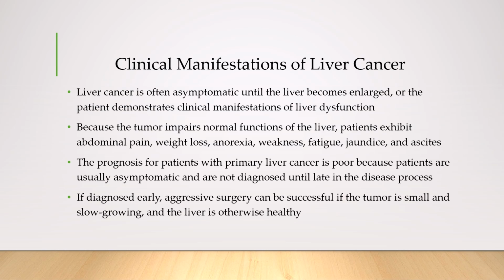The prognosis for patients with primary liver cancer is poor because patients are usually asymptomatic and they are not diagnosed until late in the disease process. If diagnosed early, aggressive surgery can be successful if the tumor is small and slow growing and the liver is otherwise healthy.